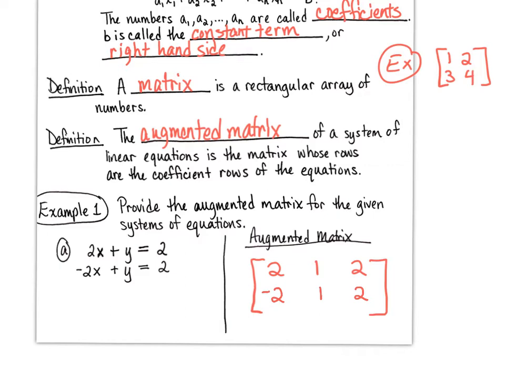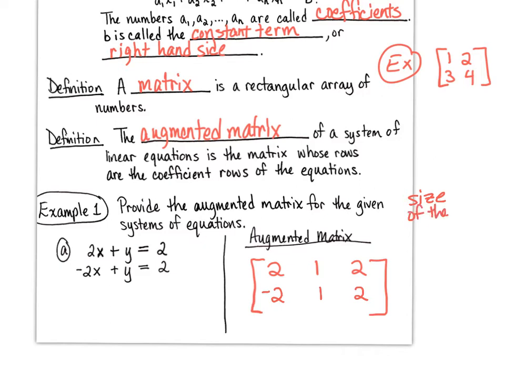So this matrix has how many rows? 2 rows. How many columns? 3. We say the size of this matrix is a 2 by 3. We do the rows by the columns. We don't multiply them, we just say the rows by the columns. While we're here, might as well go ahead and introduce it.